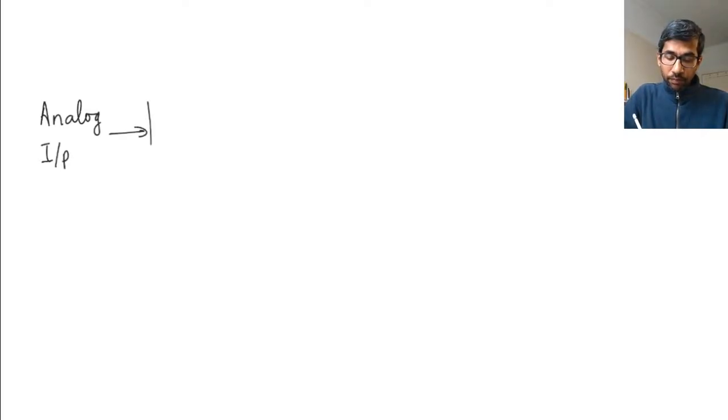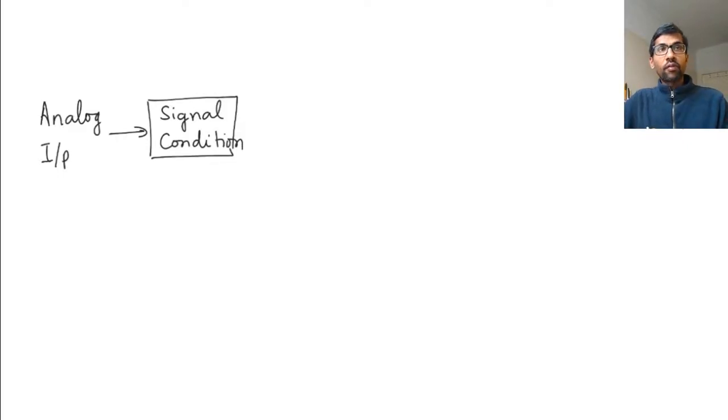So let's say we have a sensor, and it is giving you an analog input. Okay, you do some very simple signal conditioning right at the start, something that wouldn't take much time to design.